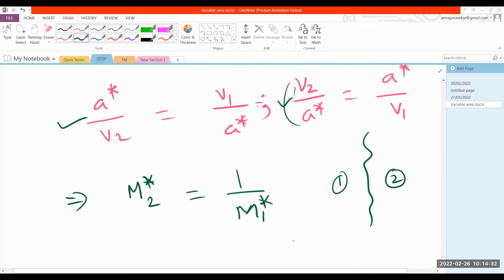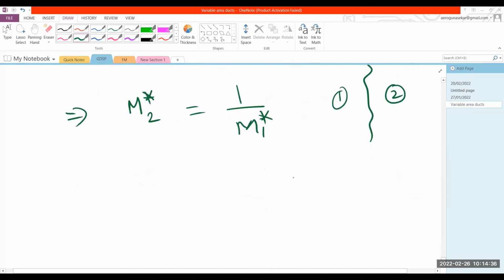Here we are getting it in terms of the characteristics Mach number. It says that the Mach number behind the shock wave is always less than the Mach number ahead of the shock wave.